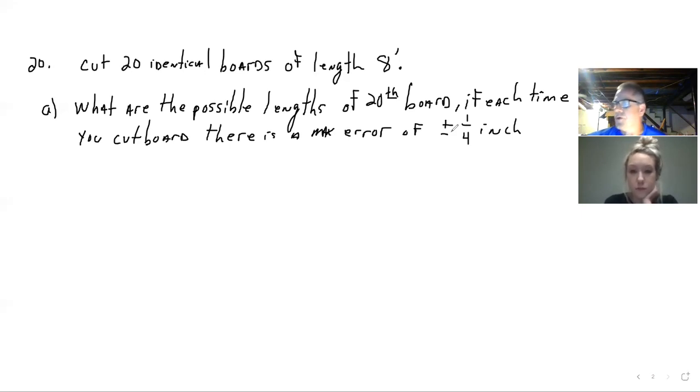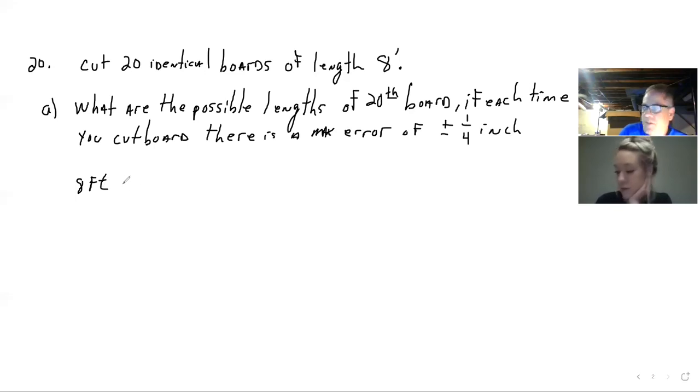Now since this is in inches, and when I put one tick mark up there like this, a prime mark, that means feet. So this is 8 feet. I want to make sure I'm talking in the same units. Therefore, let's take that 8 feet and convert it to inches, and I think the answer is asked for in inches anyway.